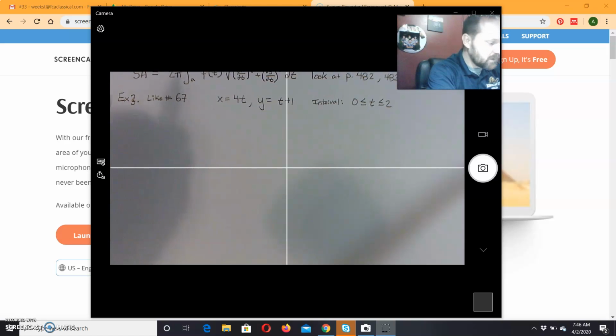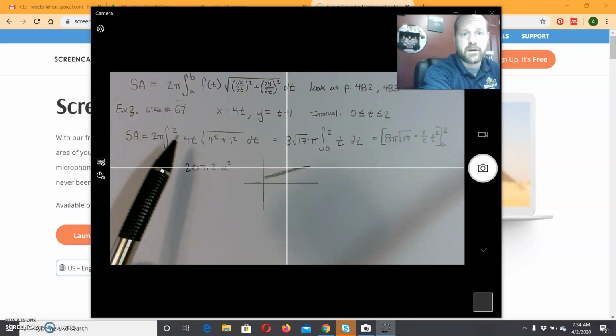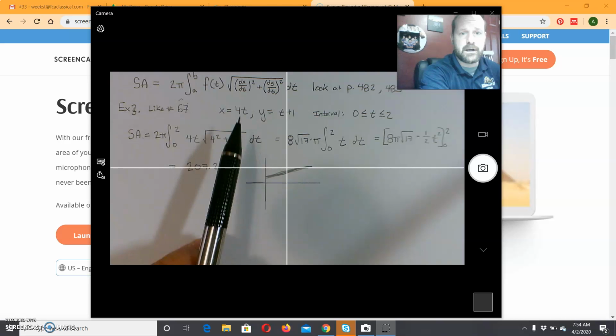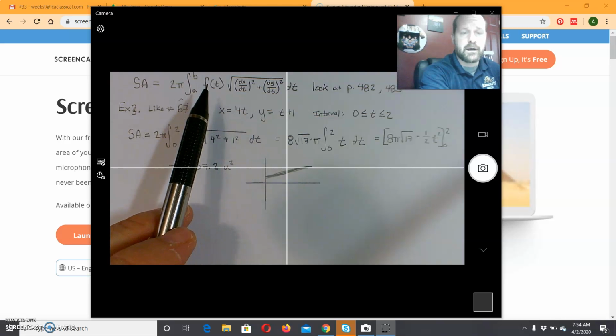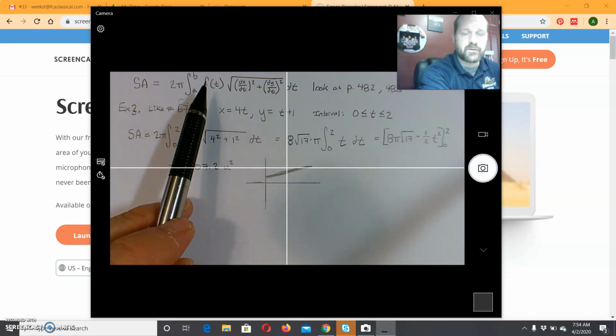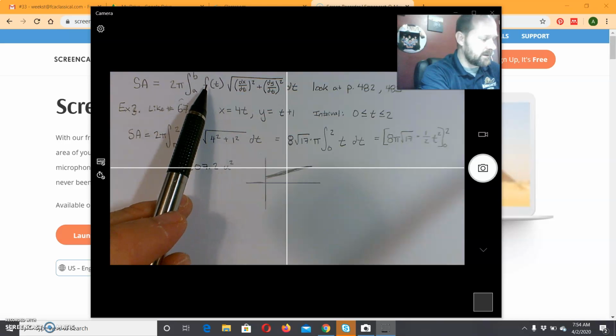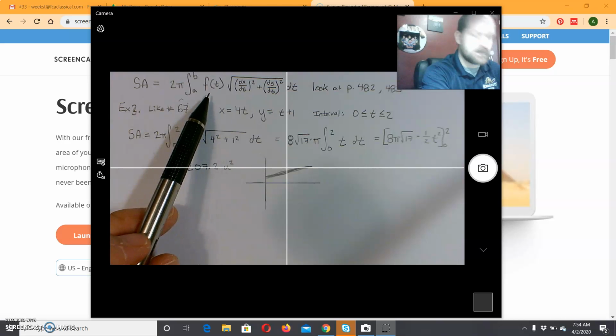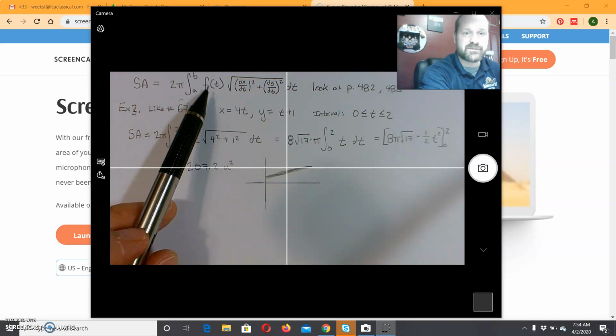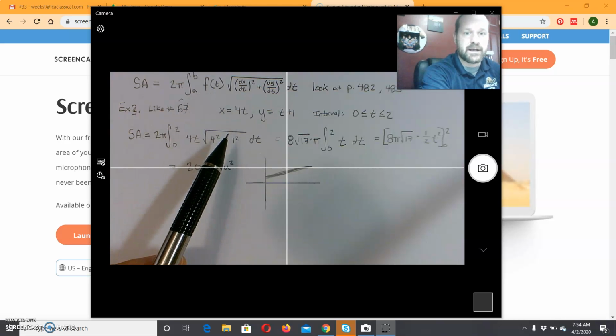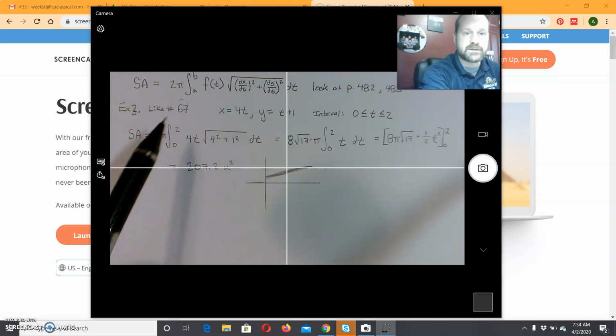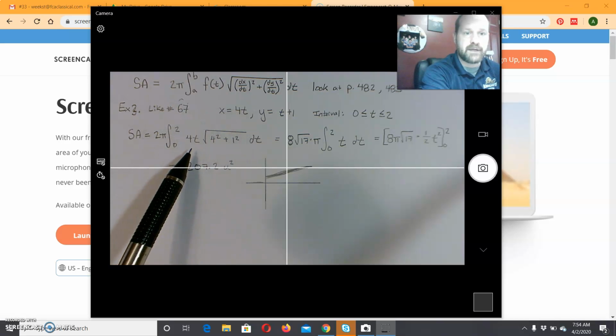All right, let's get started. Doing all the math here. Again, this was revolved around the x-axis. Double check there. So we need to take 4t, f of t goes there.